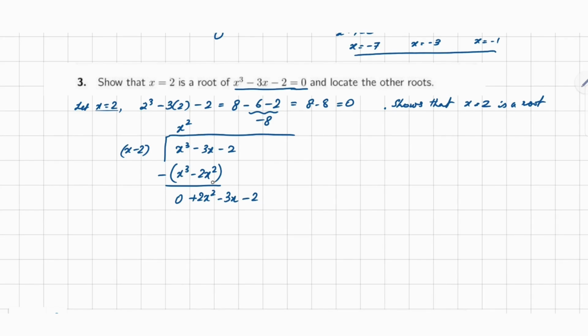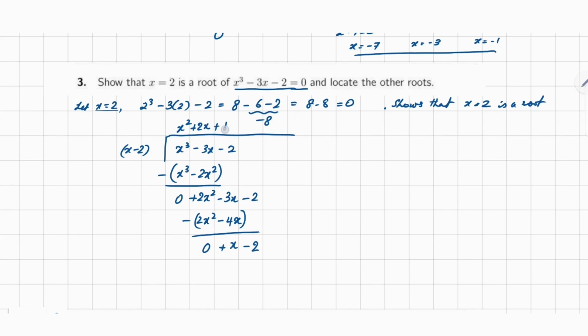Next, we need an x squared term. So we multiply x minus 2 with 2x. We get 2x squared minus 4x. So 2x squared minus 2x squared is 0. Minus 3x plus 4x gives us x minus 2. Next, we need x minus 2, which is this factor itself.